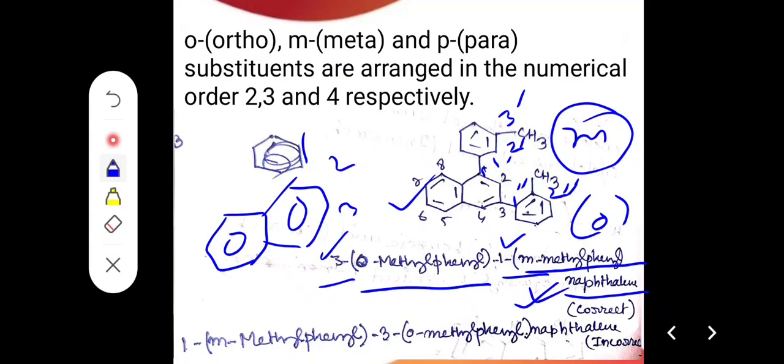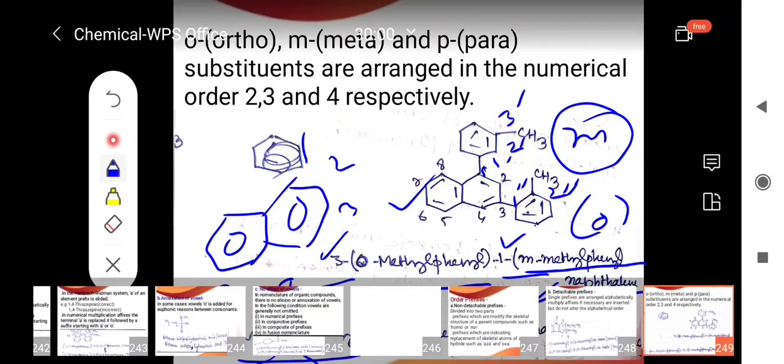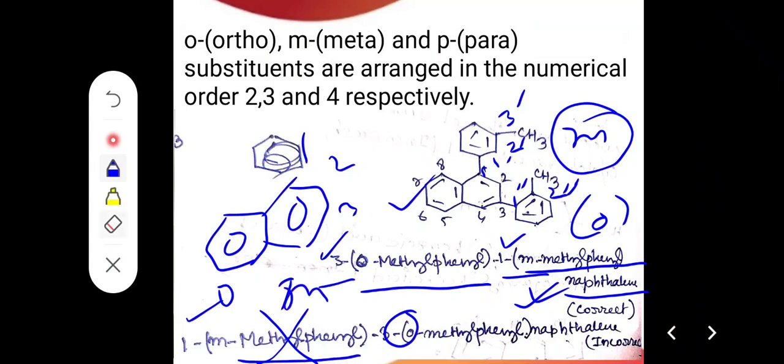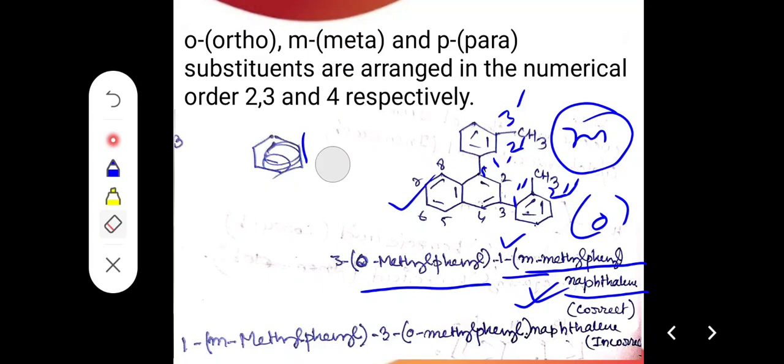But if we consider at 1 position meta-methylphenyl, this is wrong, because we cannot say meta first. We have to use ortho first, then meta. There may be confusion why this is correct and this is wrong, right?